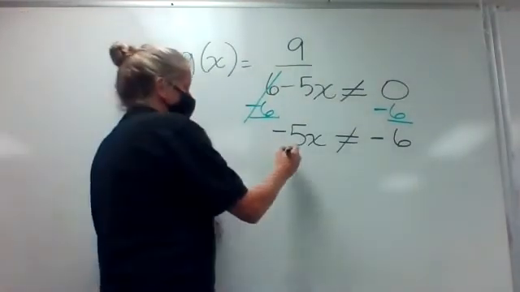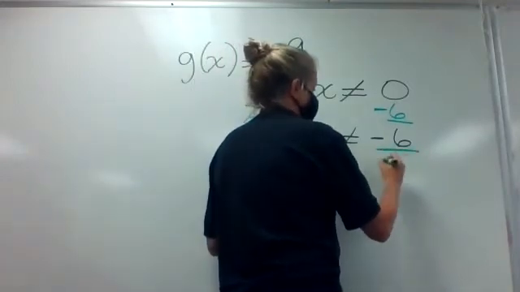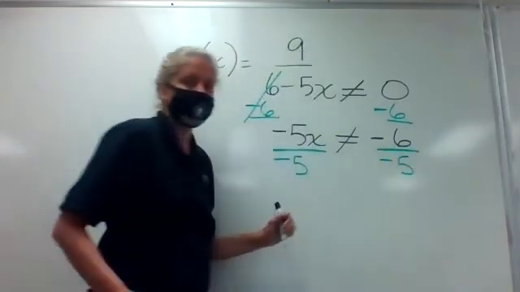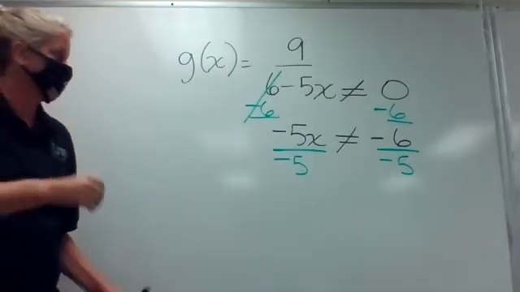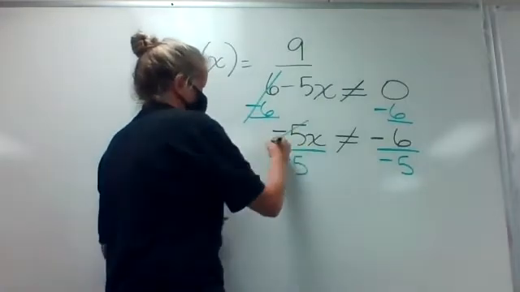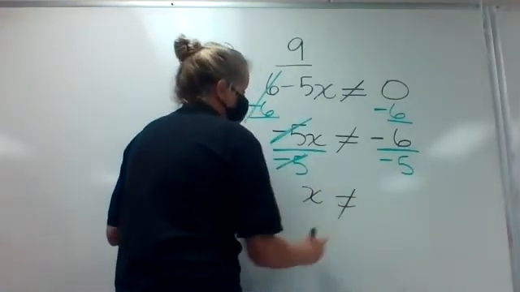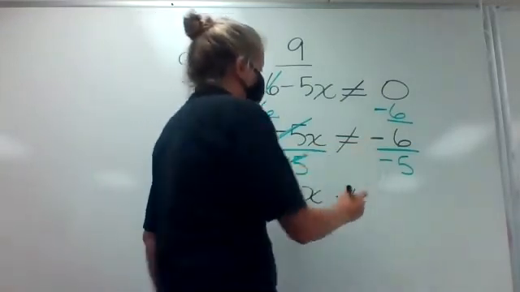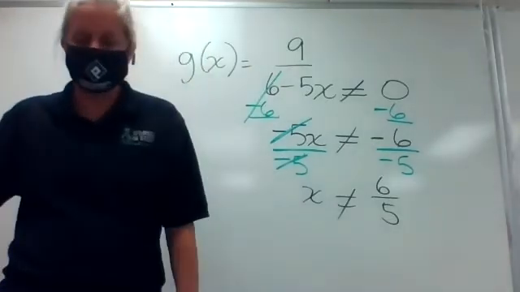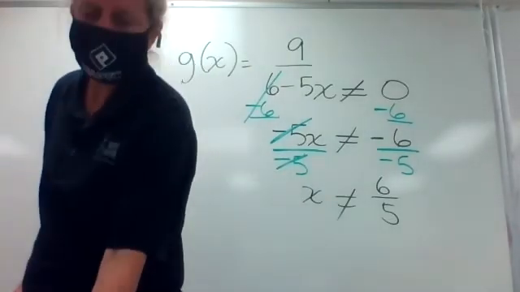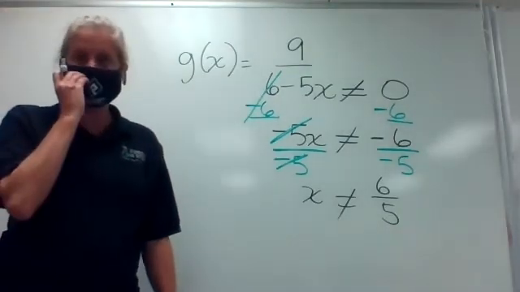You want to cancel out that negative 5, so you're going to divide by negative 5. That negative 5 cancels that one. There's your x all by itself. So x cannot equal that negative over negative, which turns to positive 6/5. So x is a real number, and x cannot equal 6/5.